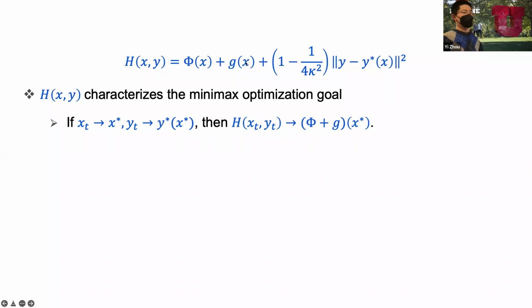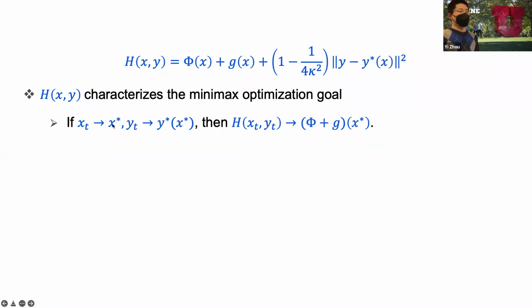So it is this objective function regularized by a proximal term. This part keeps track of the optimization progress in X, and the other part, this quadratic part, tracks the optimization progress in Y, because in the end, we expect Y to converge to the best response to X.